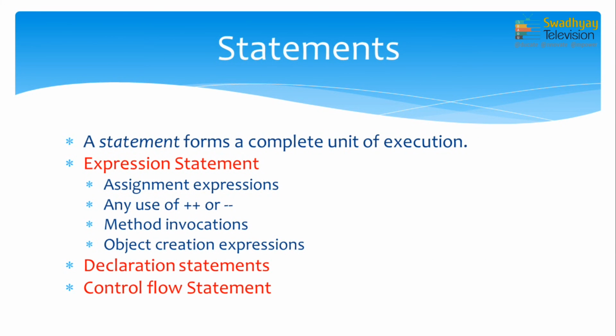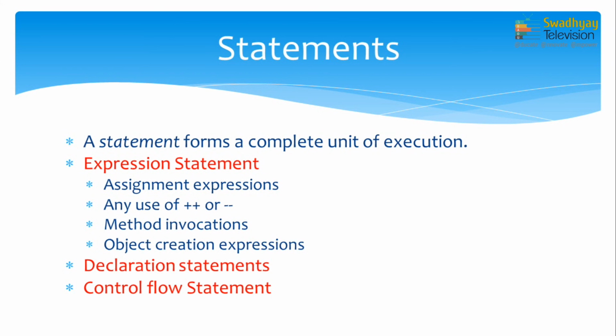Now, what is a statement? A statement forms a complete unit of execution. We can classify statements into different types. For example, expression statements, which might be assignment expressions or any use of increment or decrement operators, method invocations such as Math.sqrt, and object creation expressions that we discuss later on.